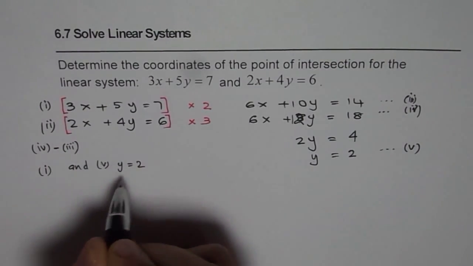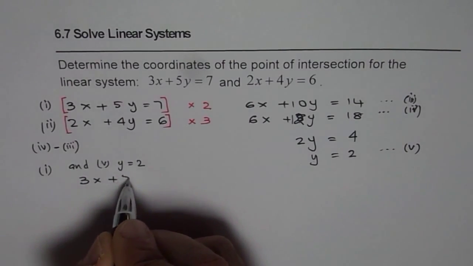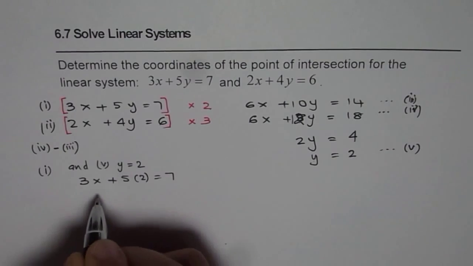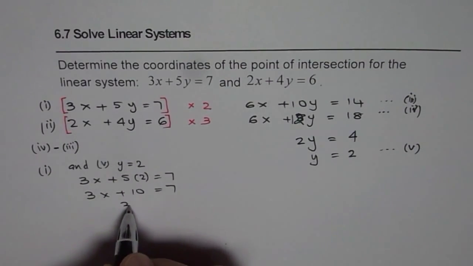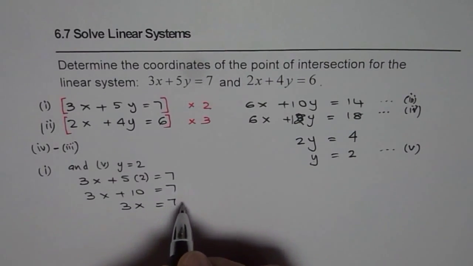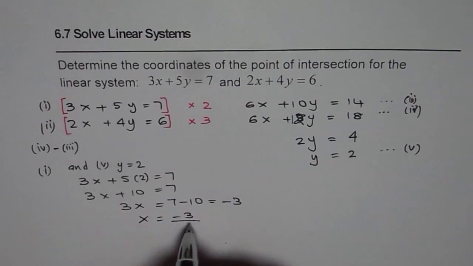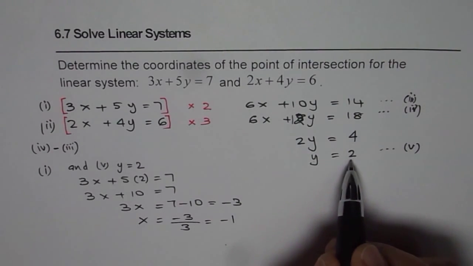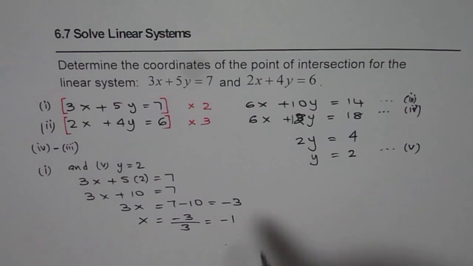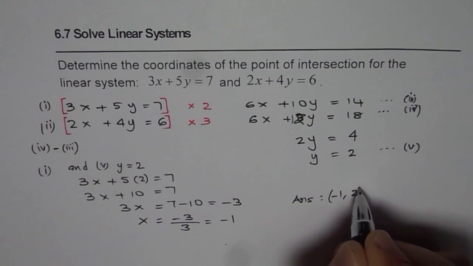In that case, we get 3x + 5 times 2 = 7, which is 3x + 10 = 7. 3x = 7 minus 10, which is minus 3, and x is equal to minus 3 over 3, which is minus 1. So we get the x coordinate as minus 1 and the y coordinate as 2. Therefore, we can now write down our answer, and the answer is (-1, 2).